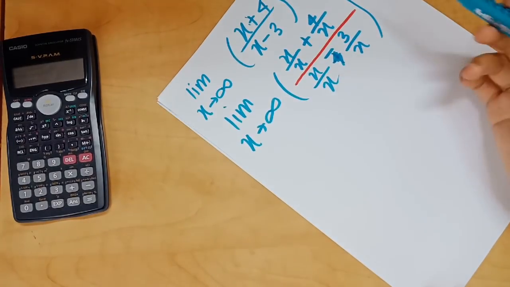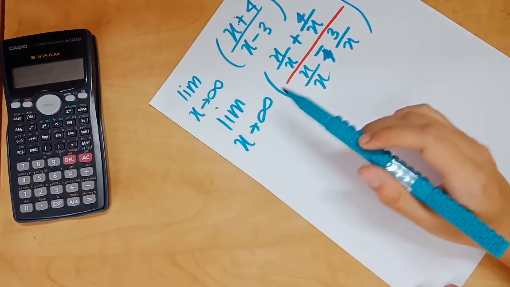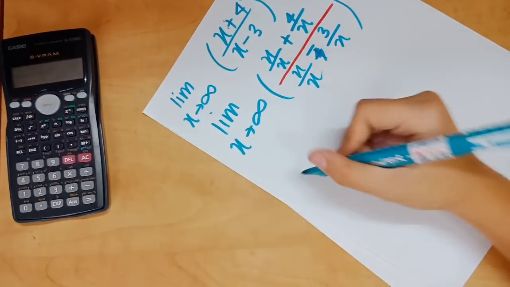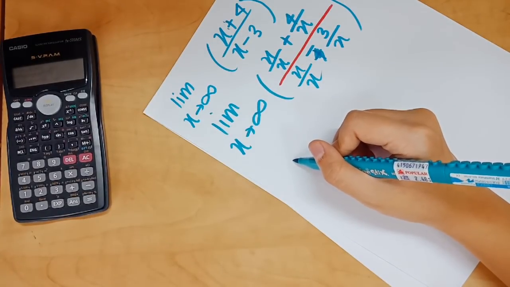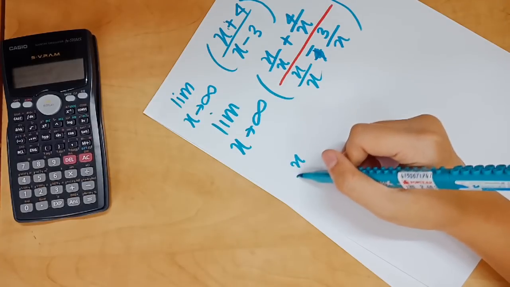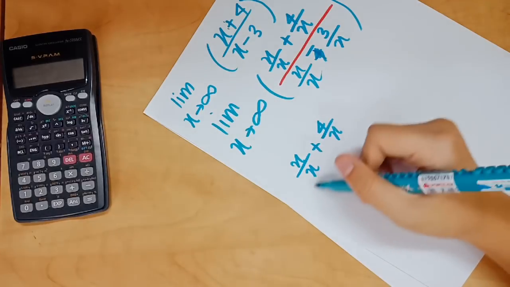Okay. So now you can sub x as infinity into the equation, so you don't need to write this anymore. So we have x over x plus 4 over x.